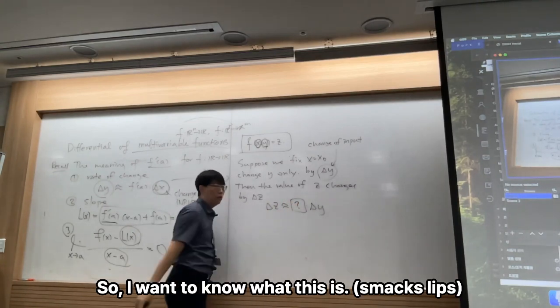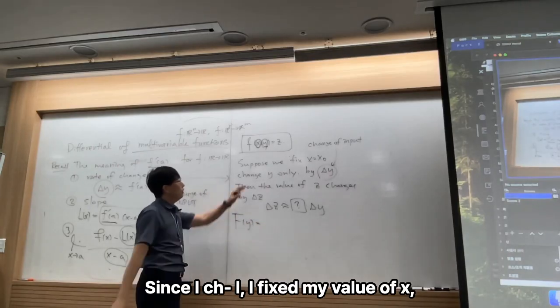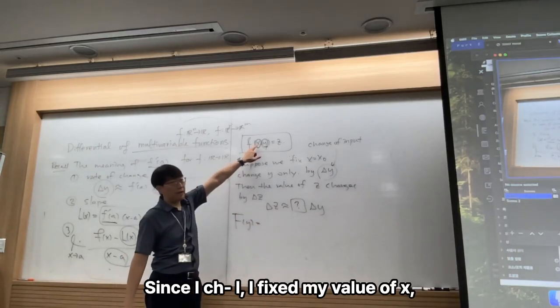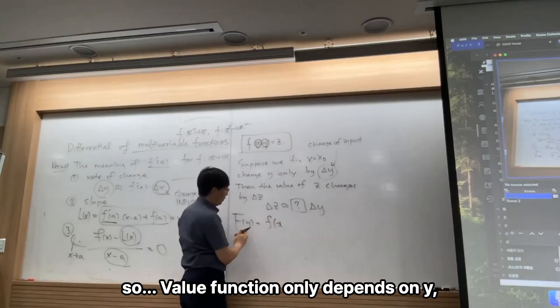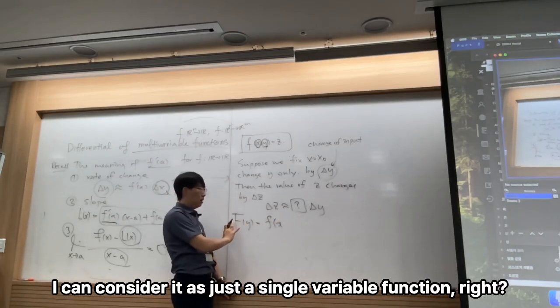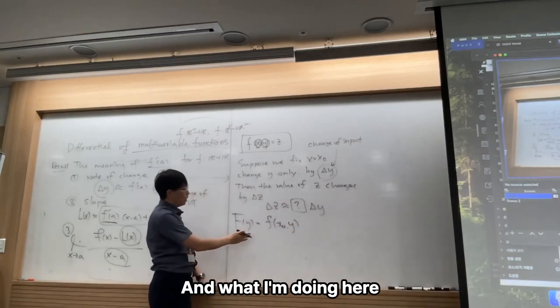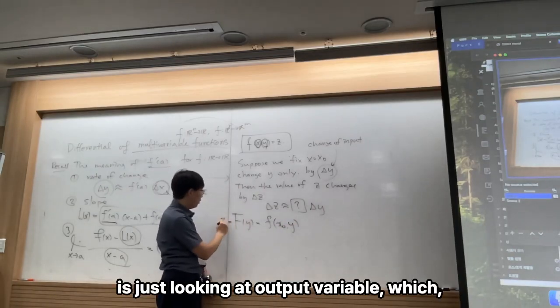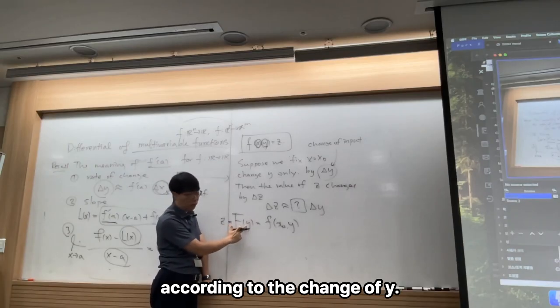So I want to know what this is. Let's think of it this way. Since I fixed my value of x, the value of the function only depends on y, so it's only one variable as an input. I can consider it as just a single variable function, right? And what I'm doing here is just looking at the output variable, which is z, and seeing how that changes according to the change of y.